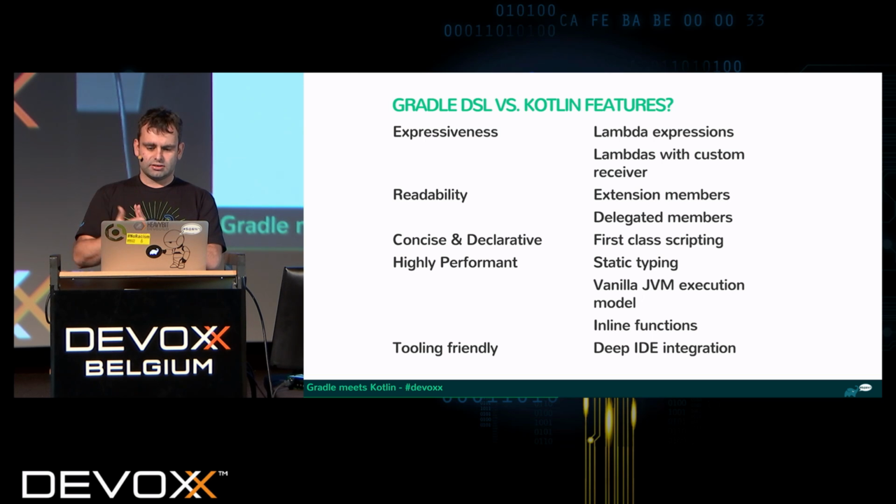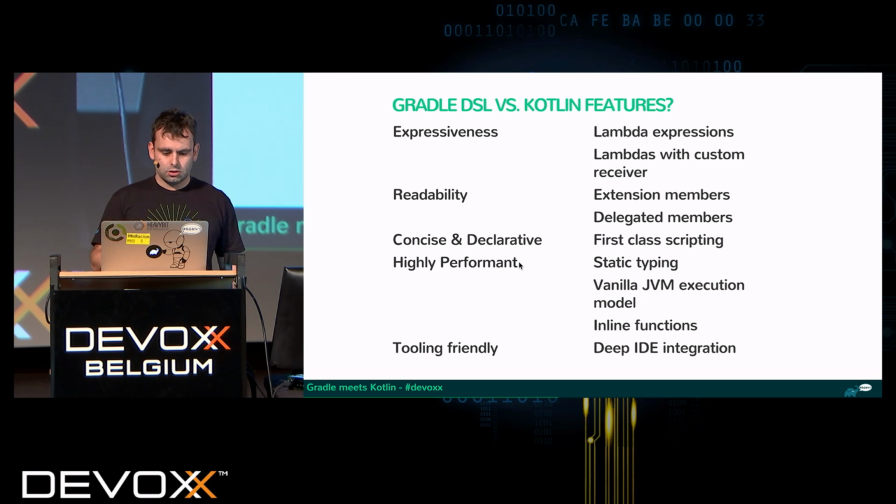You have lambdas with custom receivers, so you can build something similar to the Groovy builder pattern with Kotlin, but being static, right, compared to Groovy. That's a big difference. For readability, you can extend existing classes with more logic, and you can delegate to members, all that kind of stuff. You get first-class scripting support. I mentioned that there's this KTS Kotlin scripting support built in.